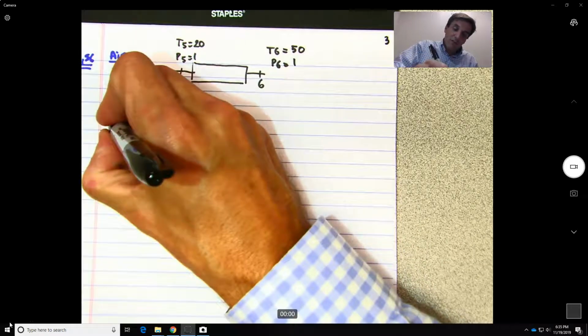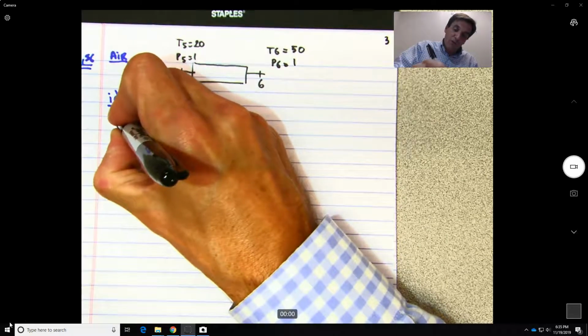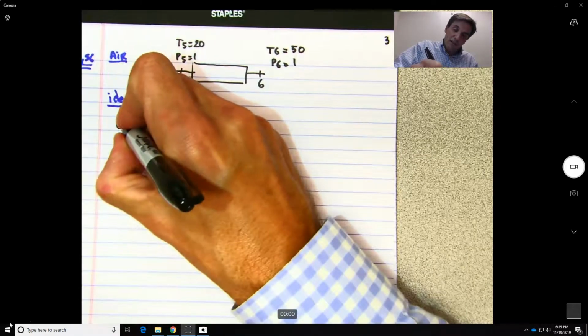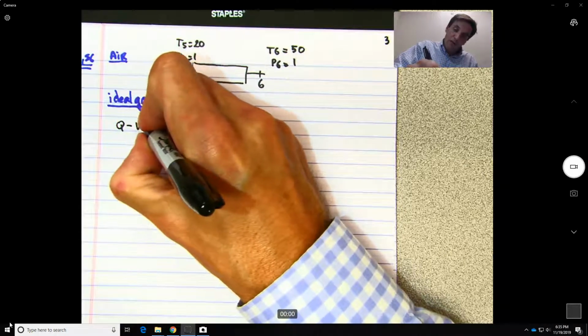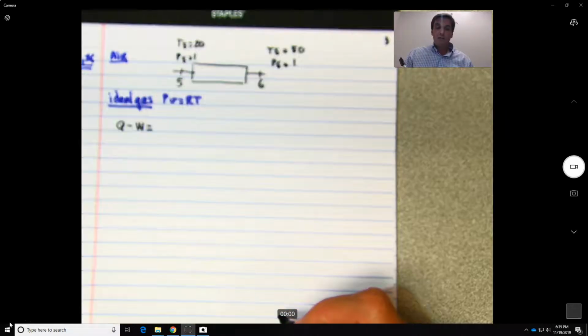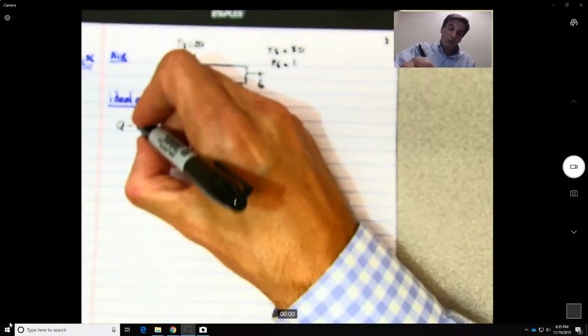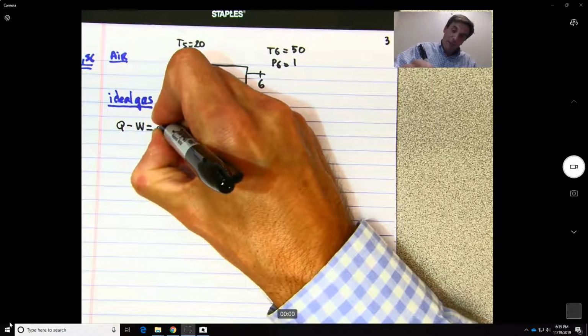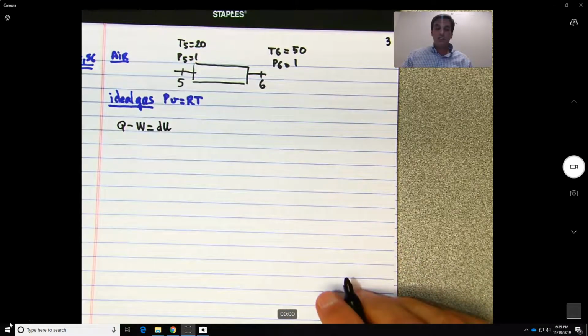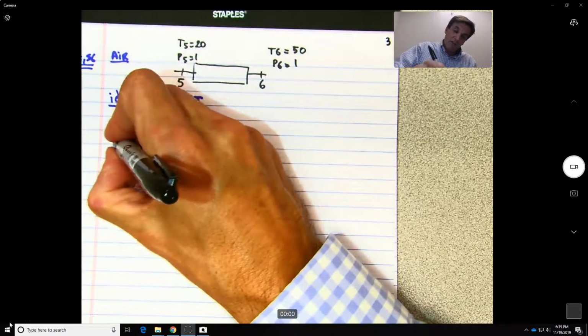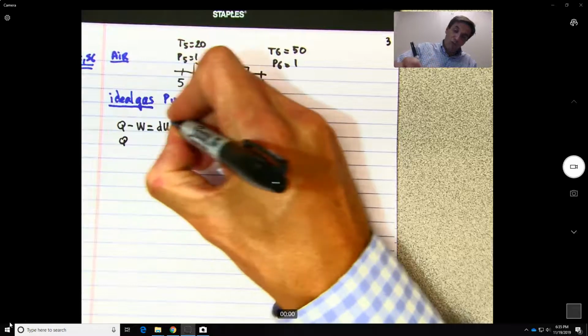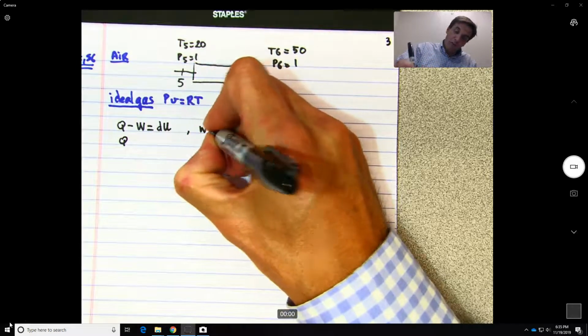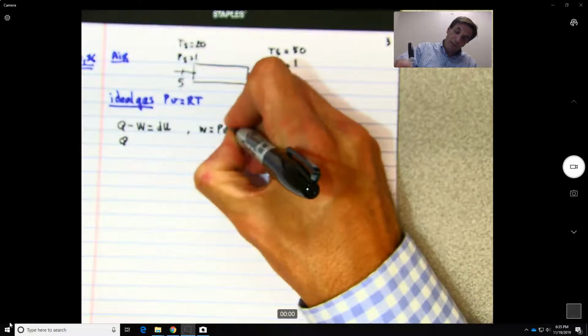So what we learned is that the first principle of thermodynamics is Q minus W equals dU if we neglect the kinetic and potential energy. Now W here is equal to P dV.